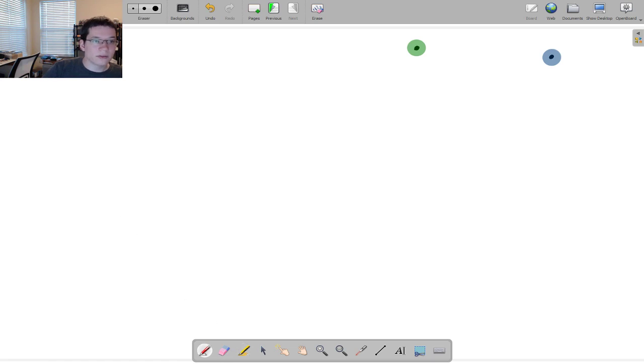And then we will have another dot here that's going to represent a robot, or an observer. And this is going to be observing.